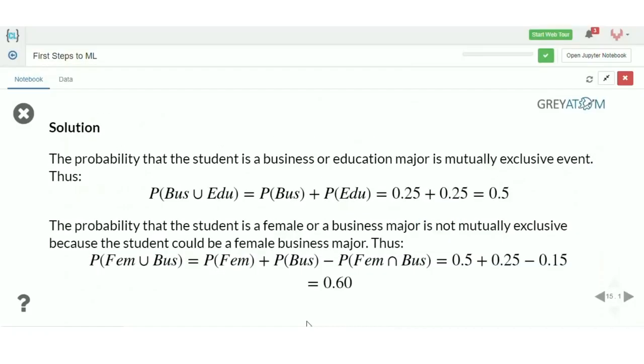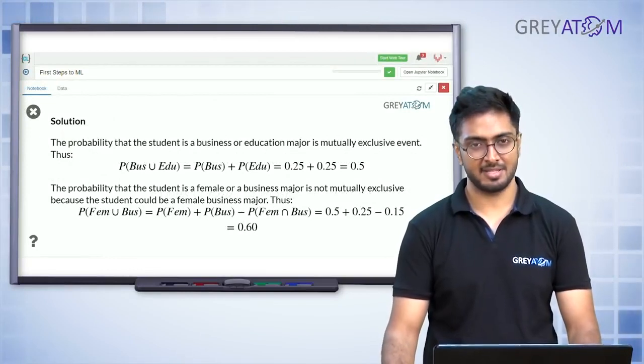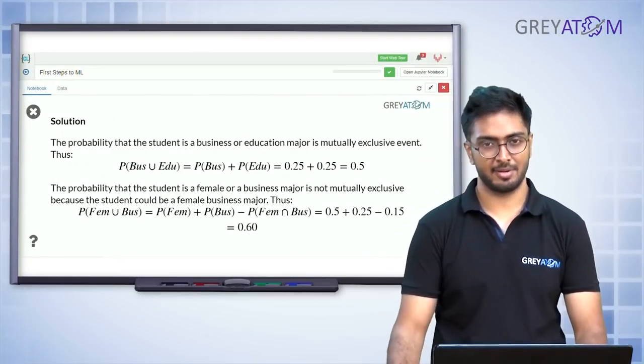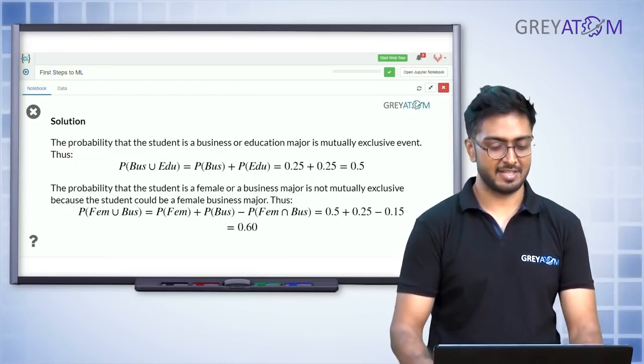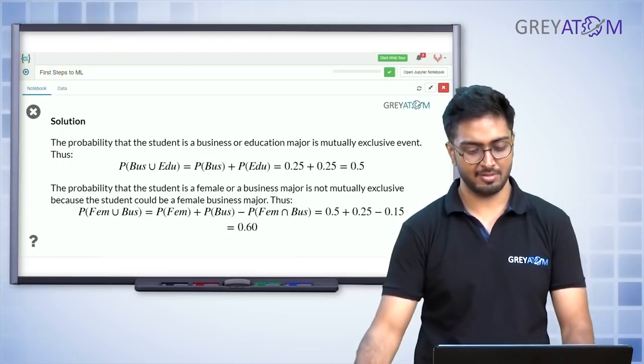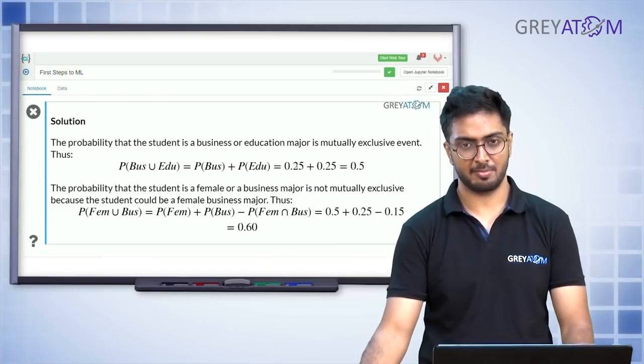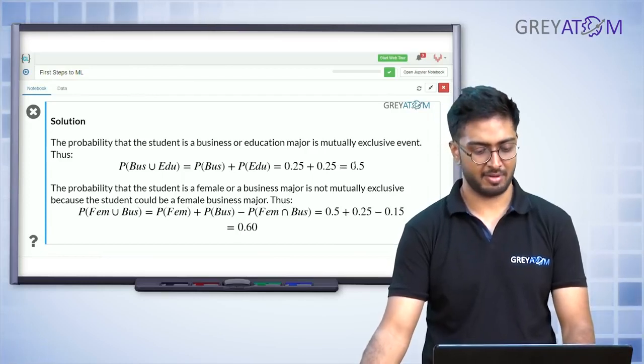So 50 out of 100, which is 0.25 plus 0.25, which is the same thing. If someone is doing a major in business, obviously they cannot also major in education, so the 25 students in business and the 25 in education are in different groups. So probability of business plus probability of education equals 0.25 plus 0.25, which equals 0.5.